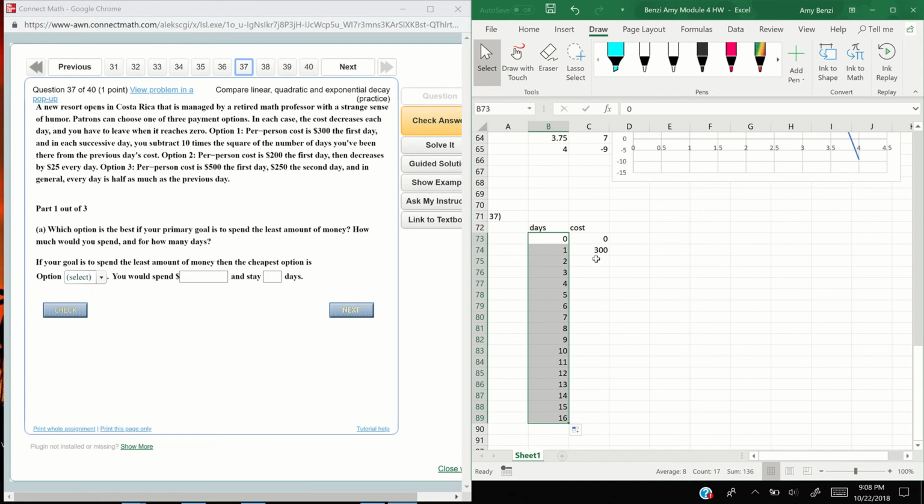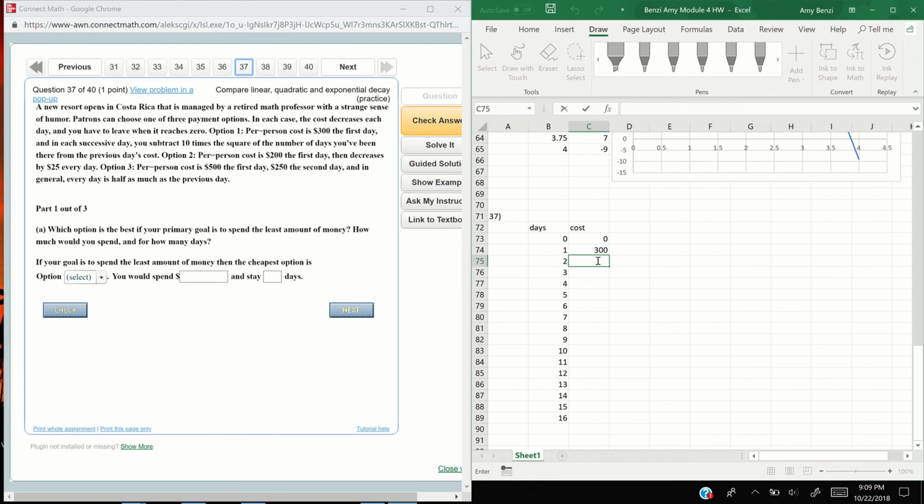I'll just go to 16 days. Let's see what that crazy thing he just said means. $300 the first day. And then I subtract 10 times the square of the number of days you've been there from the previous day's cost.